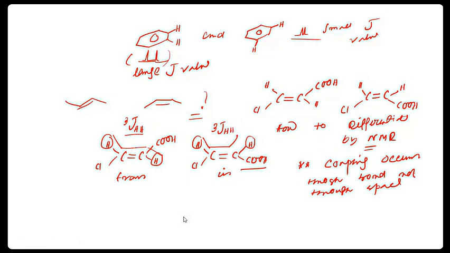No need to worry about that. Here also look, 1 bond, 2 bond, 3 bond. So here also 3JHH and 3JHH. 1, 2, 3, 4. So is this 3JHH? No. This will be 4JHH. 1, 2, 3, 4 bonds. Okay.